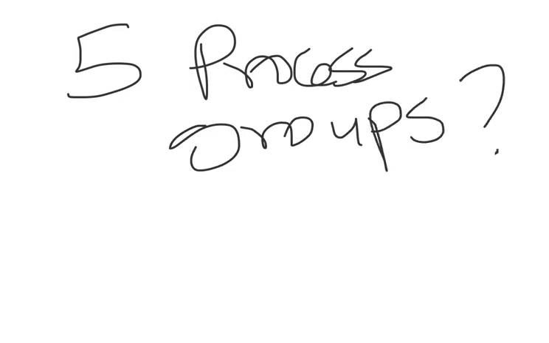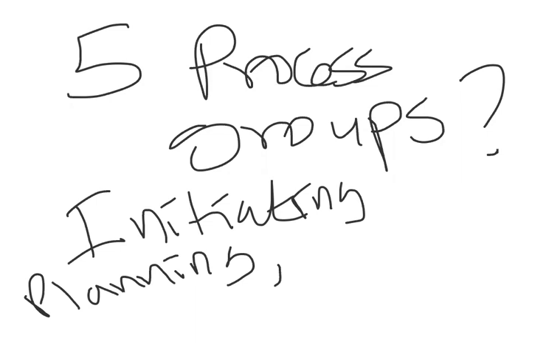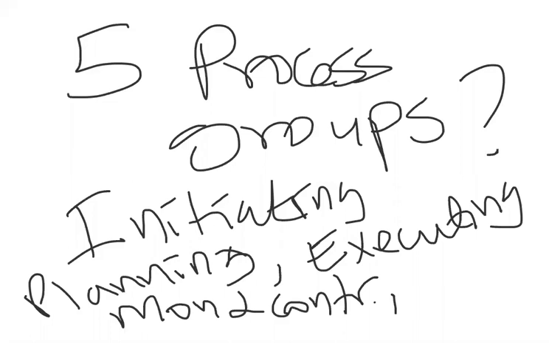10 seconds. 5, 4, 3, 2, 1. The 5 process groups are initiating, that's the first one, followed by planning, followed by executing, followed by monitoring and controlling, and lastly, closing.